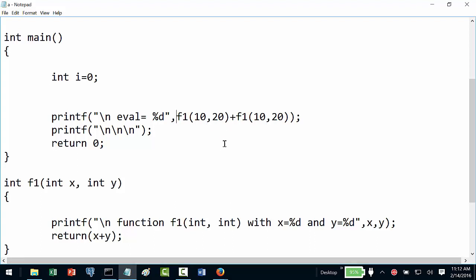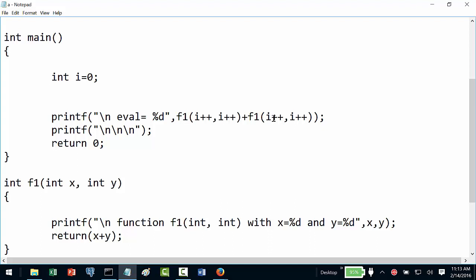Then you may say, how does it actually matter? Suppose I have i++ and an i++, and an i++ and an i++. So which gets evaluated first? Now if this fellow gets evaluated first, the value of x in the beginning should be 0 and 1, correct?